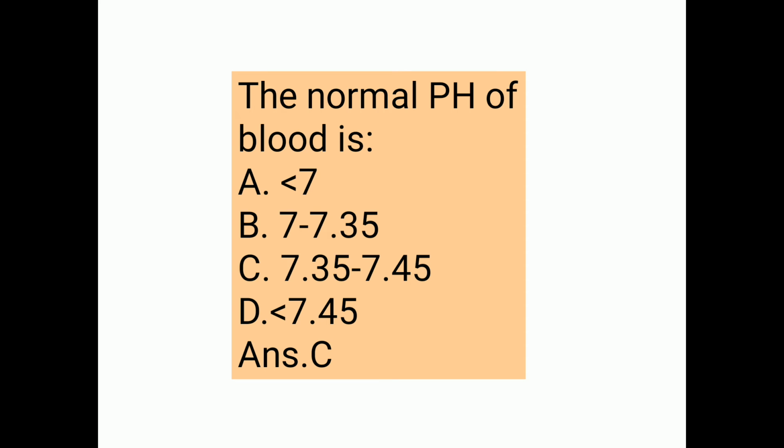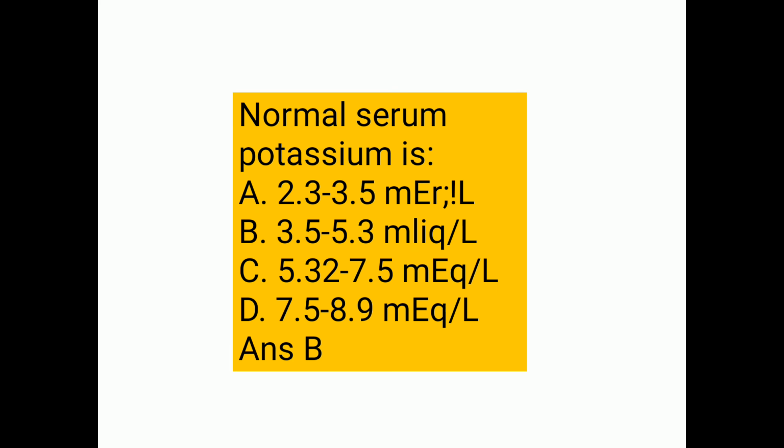Next question. The normal pH of blood is? Options are: less than 7, between 7 to 7.35, between 7.35 to 7.45, less than 7.45. The correct answer is option C, 7.35 to 7.45.